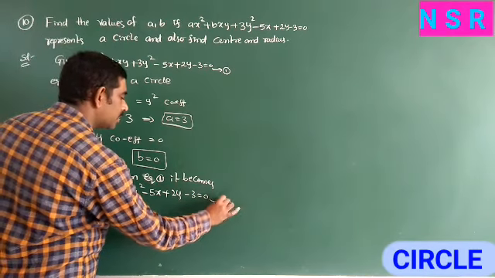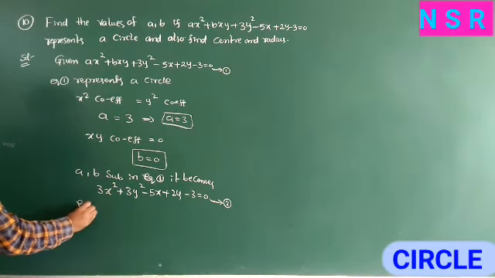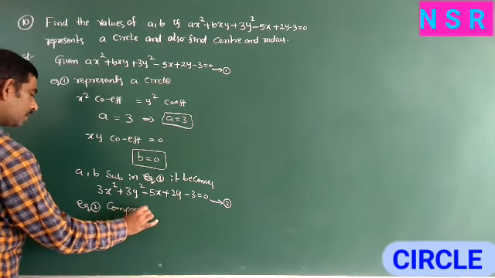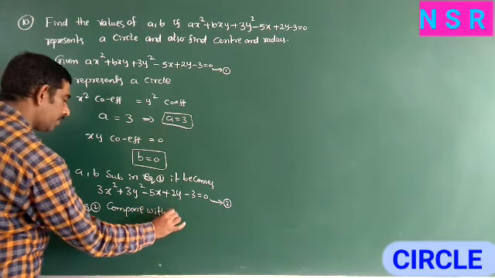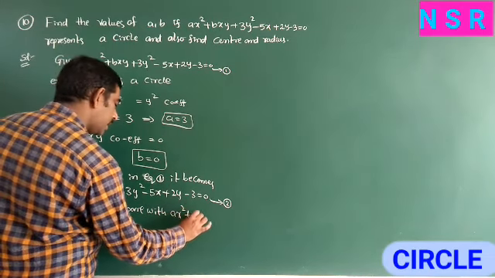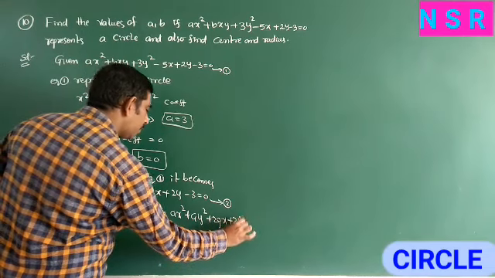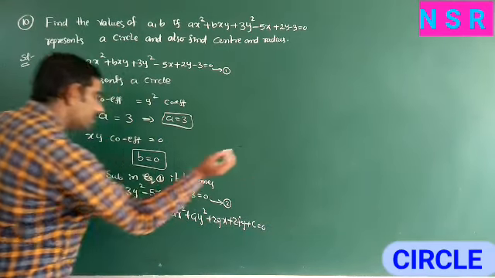Take it as equation number 2. So equation 2 compare with ax square plus ay square plus 2gx plus 2fy plus c equal to 0.